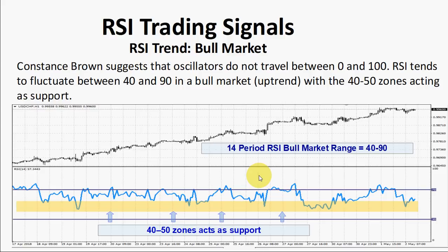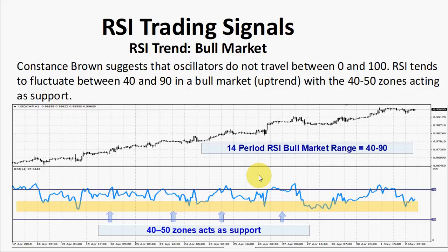Now we look into the last trading signal from RSI. We call it RSI trend. In technical analysis for trading professionals, a trader called Constance Brown suggests that oscillators do not travel between 0 and 100.